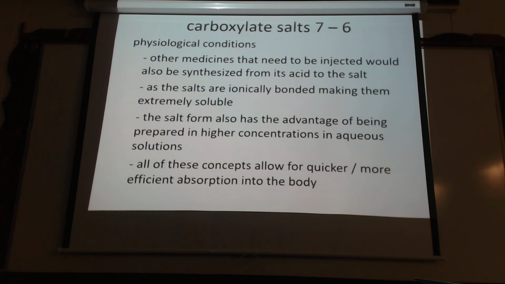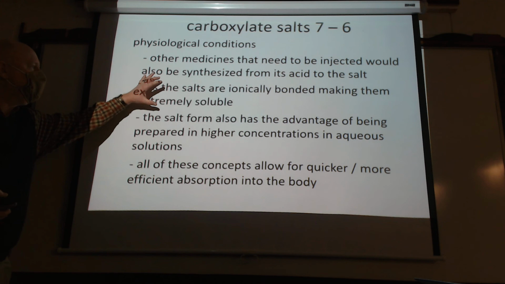Why is that do you think? Anybody? Does it dissolve in water? Yes, so that makes it extremely soluble. That's what we're getting at here.